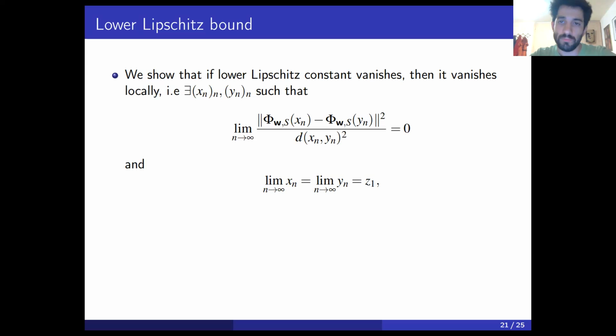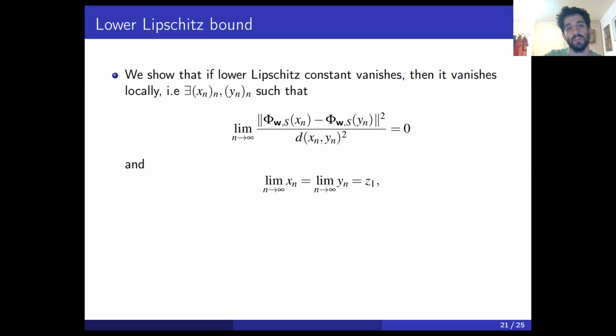So in our first step, we showed that if the lower Lipschitz constant vanishes for our embedding phi of W S, then it also vanishes locally. That means that we can find two sequences, xn and yn, that converge to each other, and for these two sequences, the Lipschitz bound is 0.